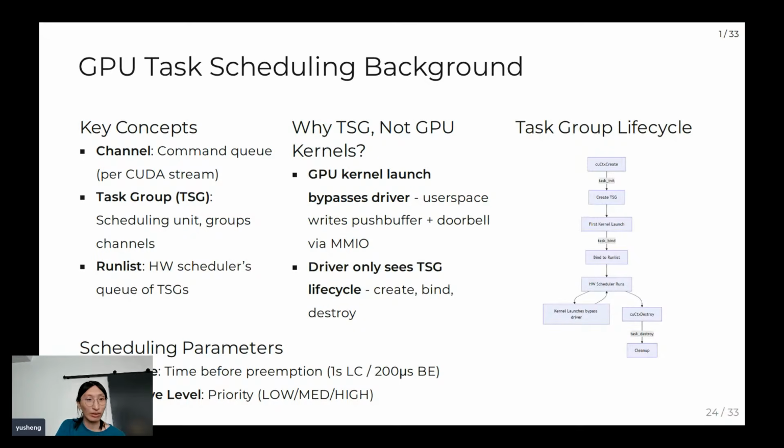The GPU driver will create TSGs and communicate with the GPU device, and then the third thing is the firmware on your GPU device is managing the GPU kernel scheduling with the run list, a hardware schedule queue of TSGs. The run list might include multiple TSGs.